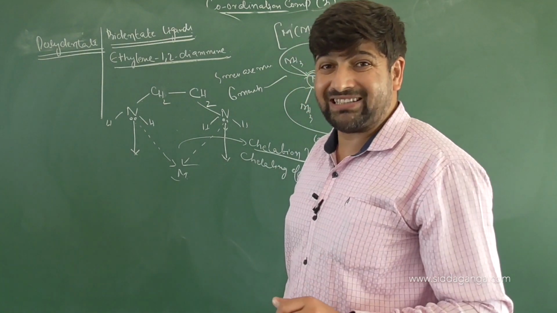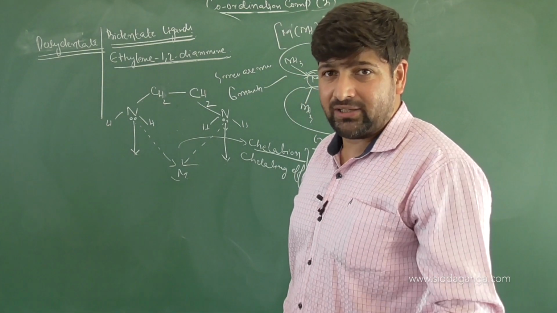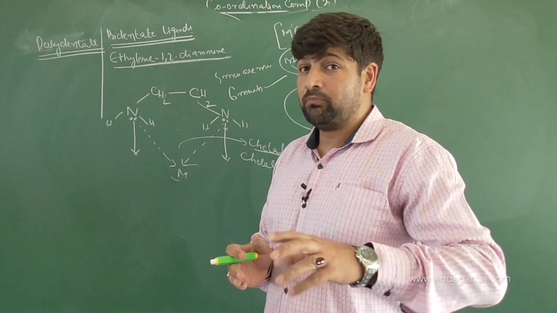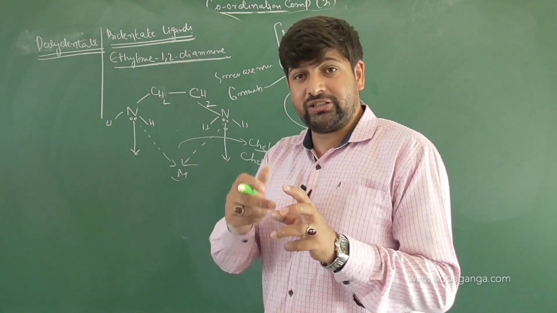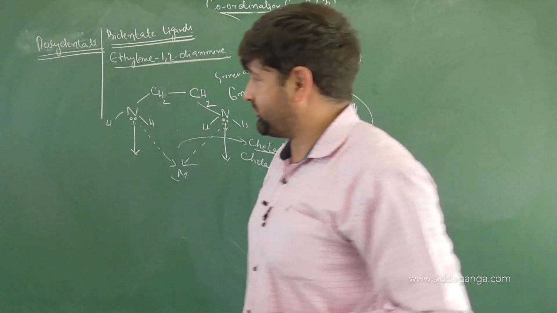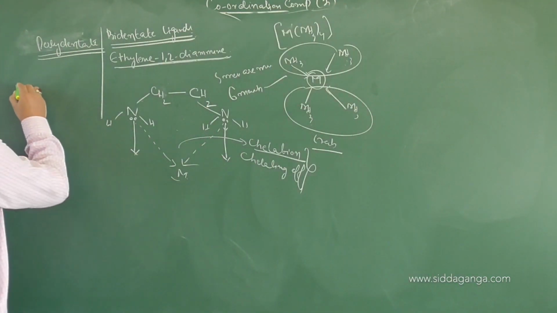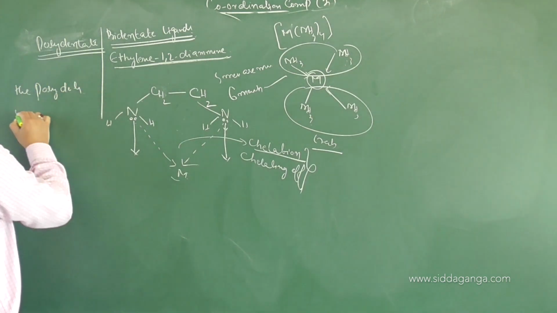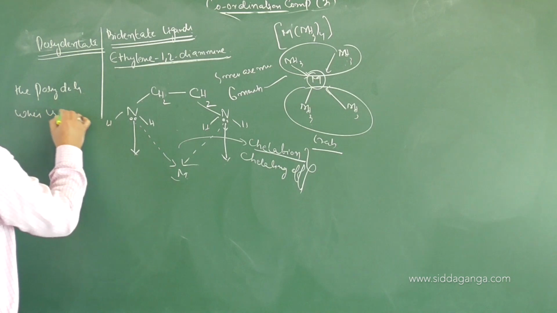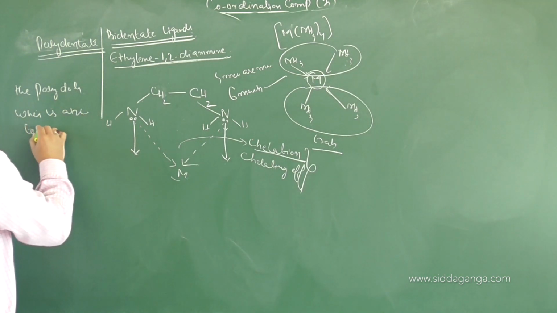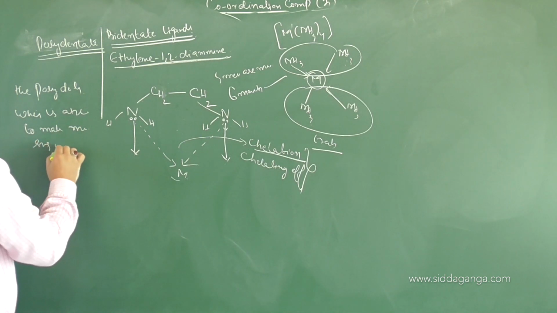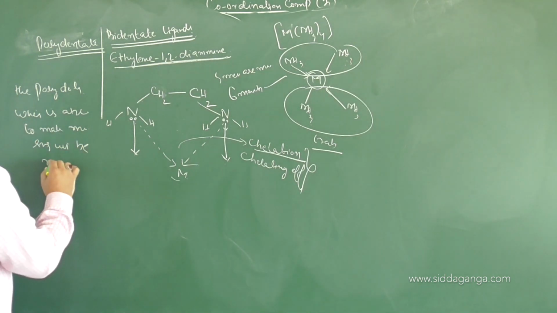Suppose there is a ligand which is able to make 2 rings, and there is a ligand which is able to make more than 2 rings, then the one which is making more rings will be more stable. So the polydentate ligand which is able to make more rings will be more stabilizing.